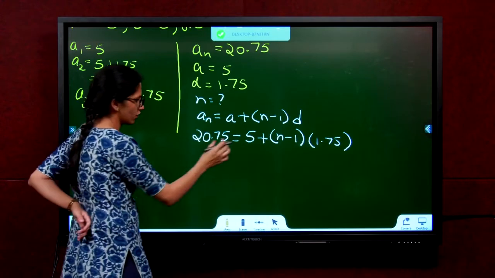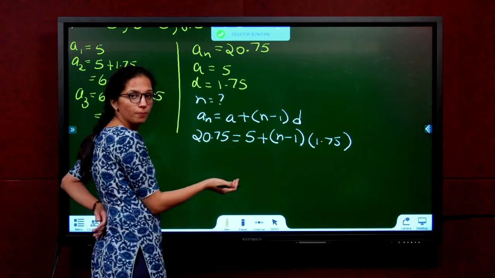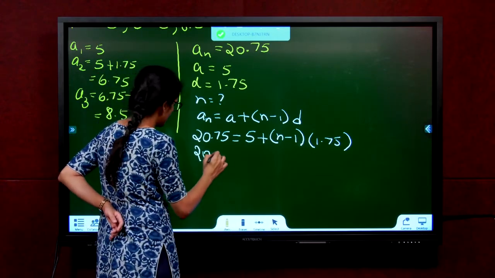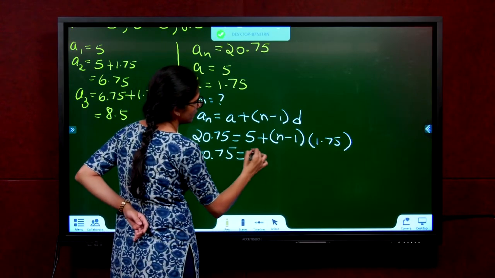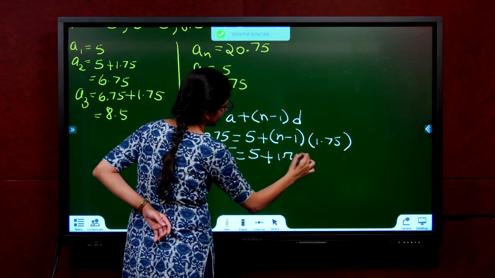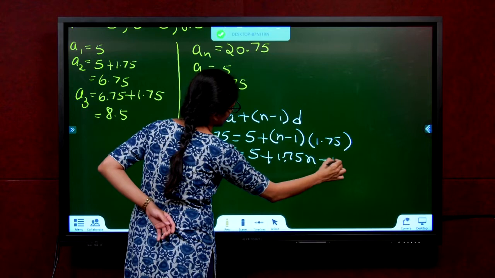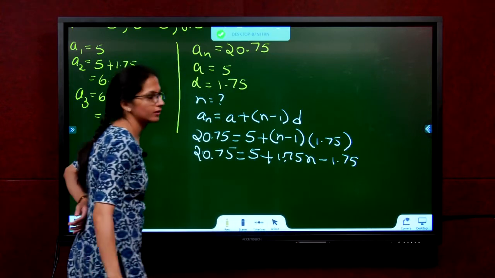There are many ways to solve it. Send the 5 this side, or you can open brackets there first. Shall we open? Anyhow you can do, no problem. 5 plus 1.75 N minus 1.75.